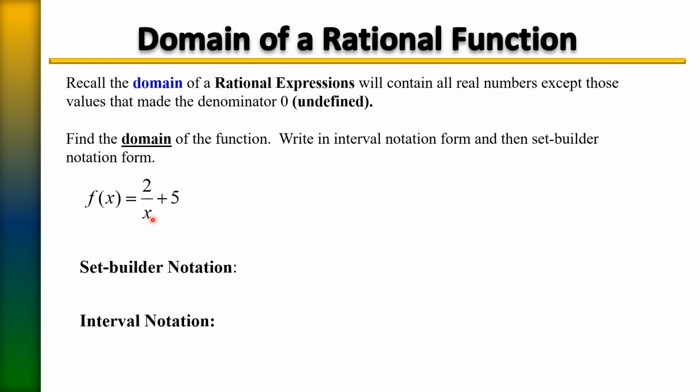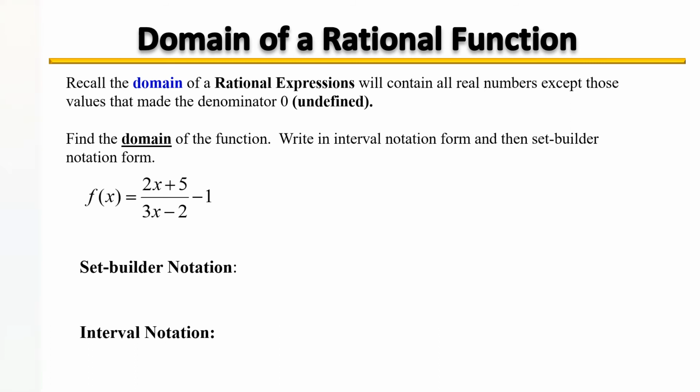That means for our domain, we can plug in any number we want into this function, but the one number we can't plug in is 0 because 0 would make it undefined. So to write that in set builder notation form is going to look like so, and interval notation form will be following. And there you have it, the domain of a rational expression or rational function.